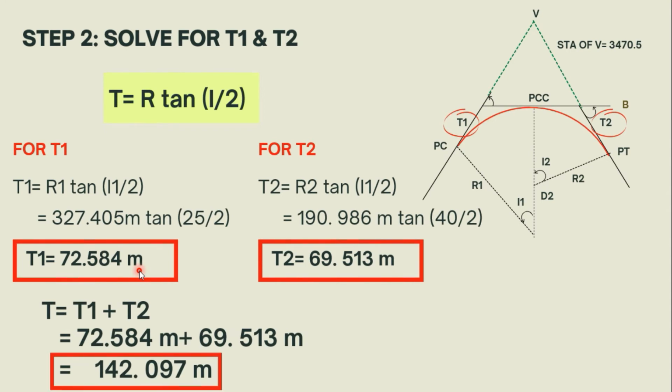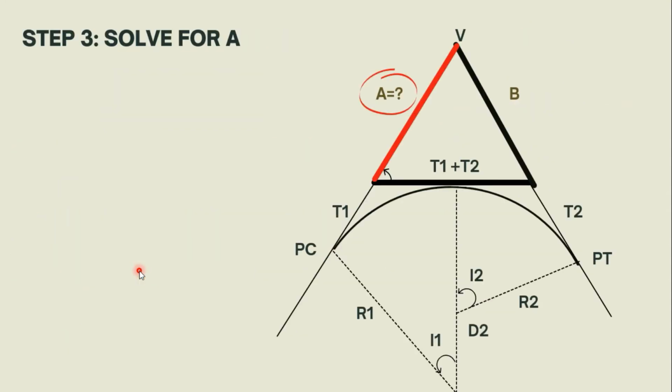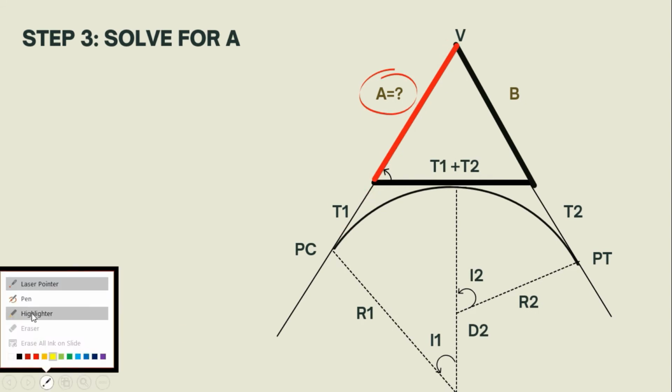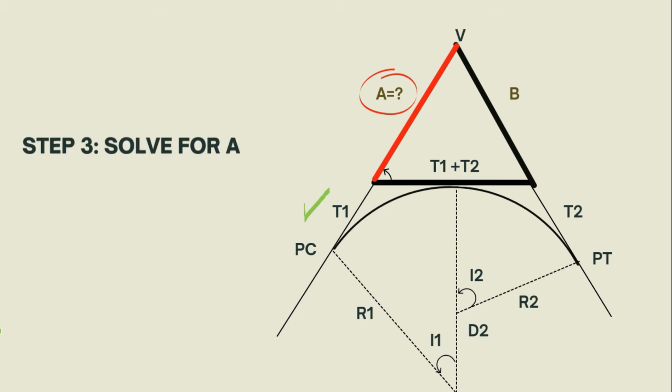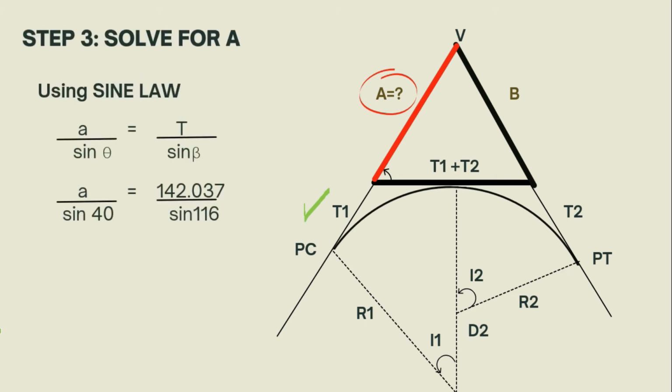Now that we already have the value for T1, the next step is to solve for A1. Since we already have T1, now we will solve for A, this line here. Since it's a triangle, we can use the sine law. Using the sine law, we have A over sine theta is equal to T over sine beta.